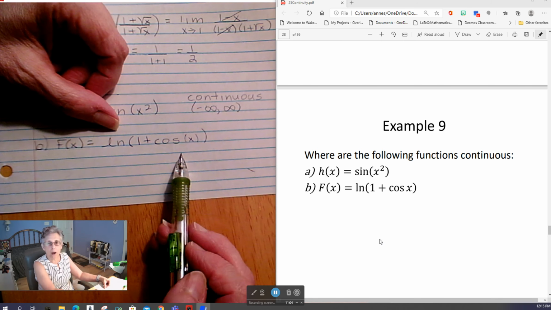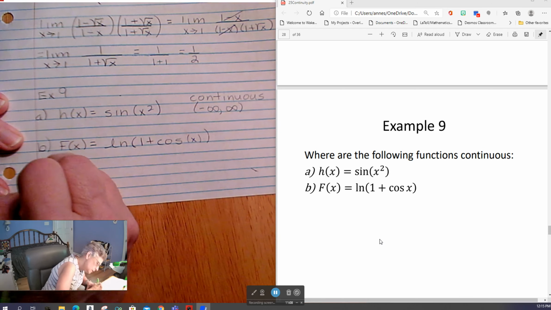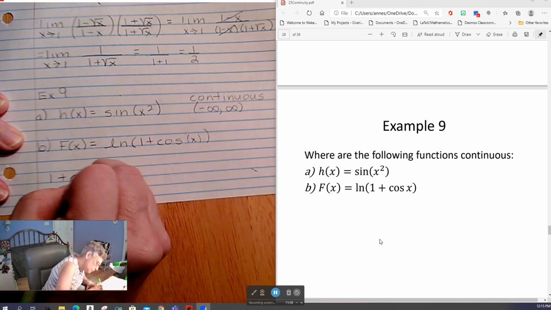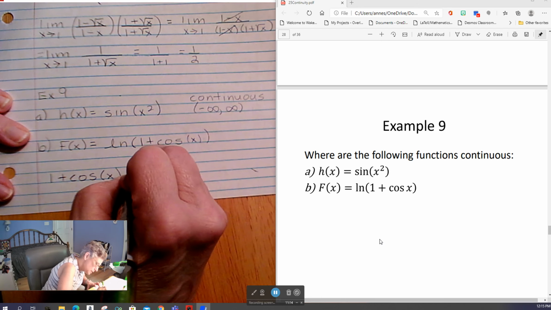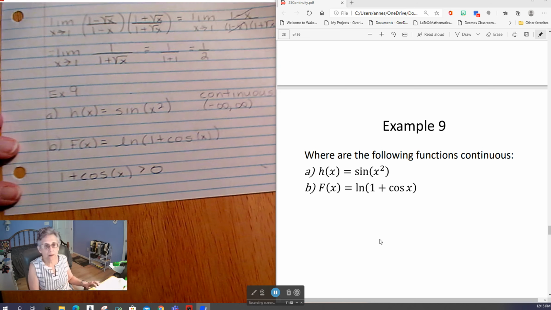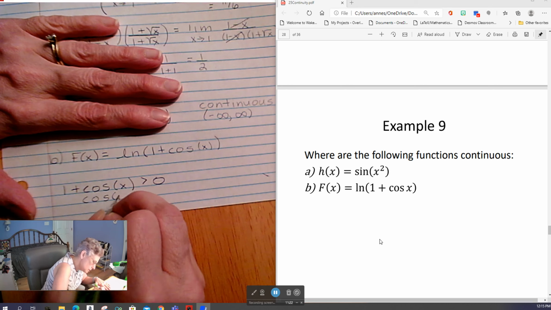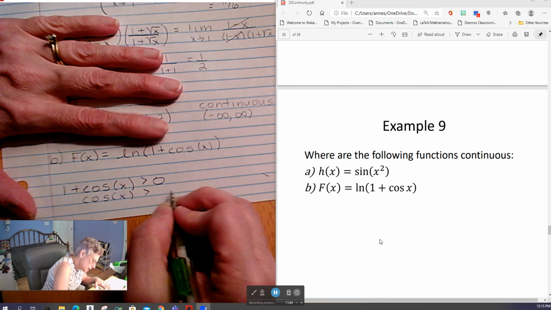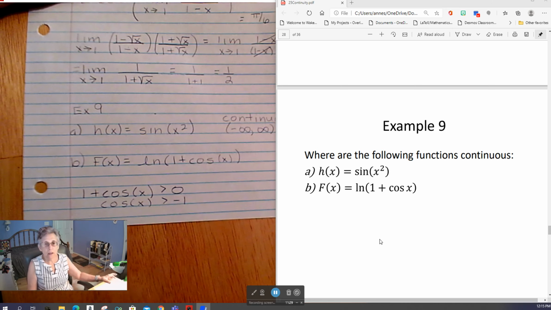Natural log requires its input to be greater than 0. So 1 plus cosine of x has to be greater than 0, which means that cosine of x has to be greater than -1.